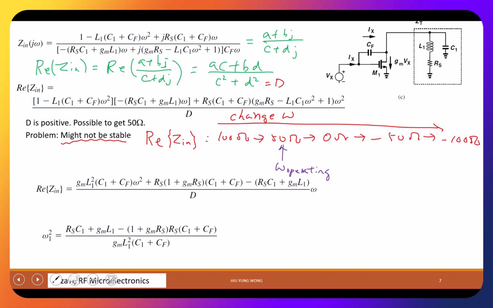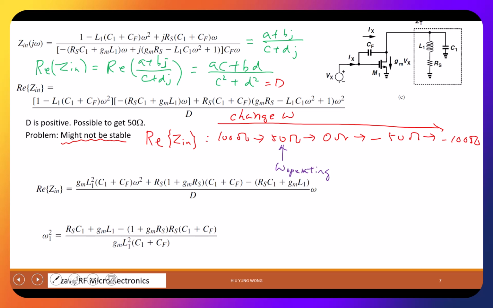Do you agree? This is not a real resistor, but it's impedance. The real part can go from positive to negative. Do you agree? Yeah, just an analytical equation. I plug in some value at 5.5 gigahertz, it gives me 50 ohm. But at other frequency, it can give me higher or lower, right? Because it's a real number.